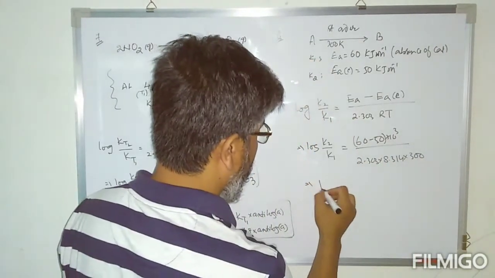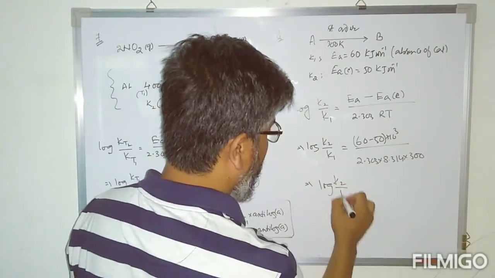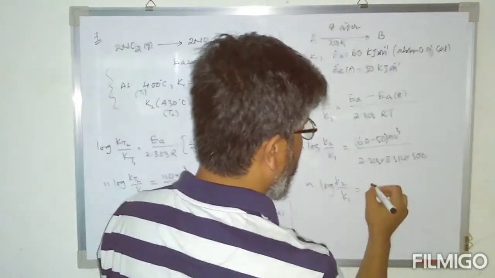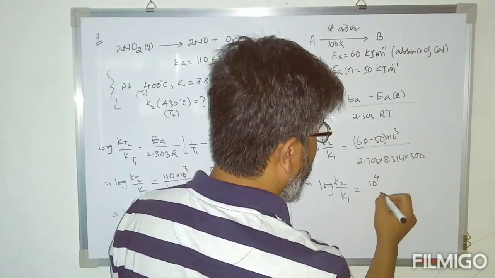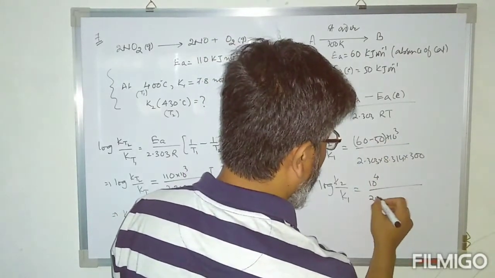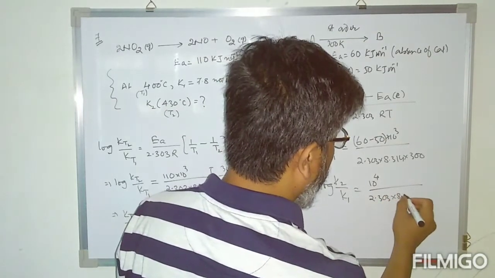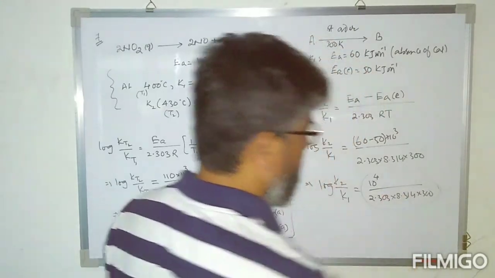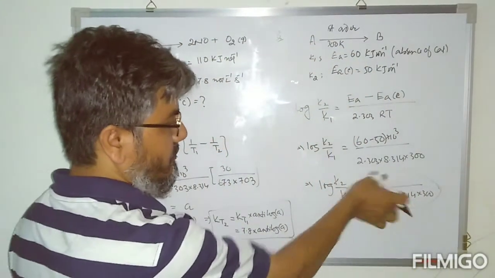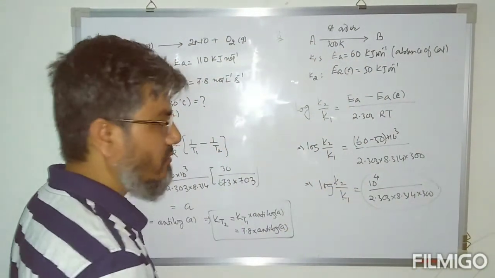So therefore look at this, log K2 by K1 is equal to 10 into 10 to the power 3, that is 10 to the power 4, divided by 2.303 into 8.314 into 300. So this is the ratio of log K2 by K1.